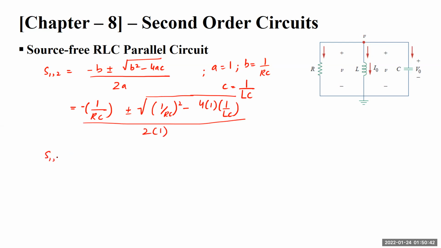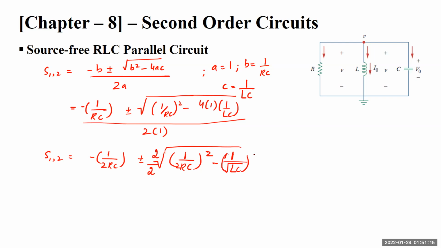So if we simplify, we get minus 1 by 2RC plus minus, again we take 4 common from inside, so we are left with 1 by 4R square minus 1 by LC. This makes 2 outside, and that 2 is divided by the 2 coming from the denominator. So we are left with 1 by root LC, and we can easily take a square over here.